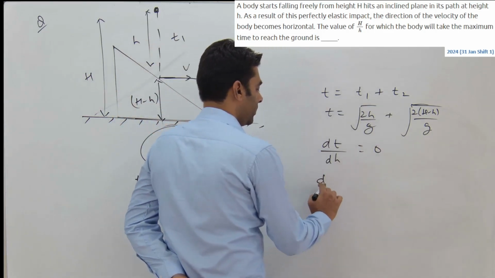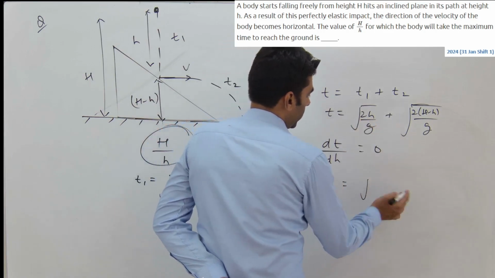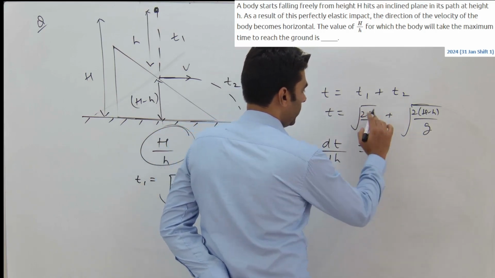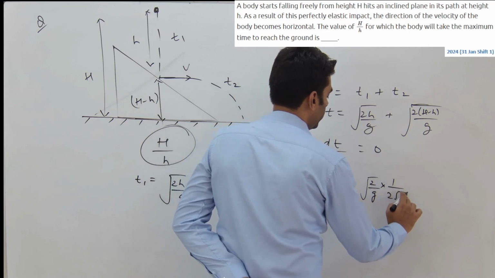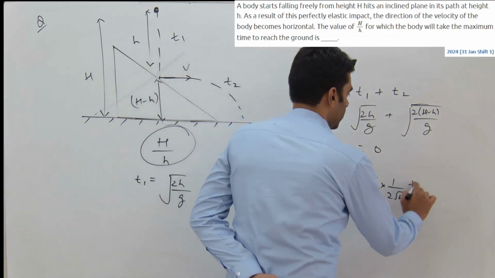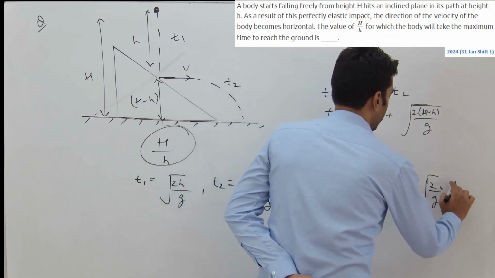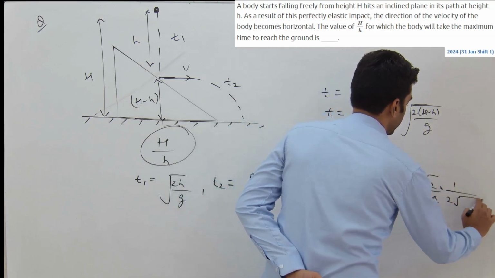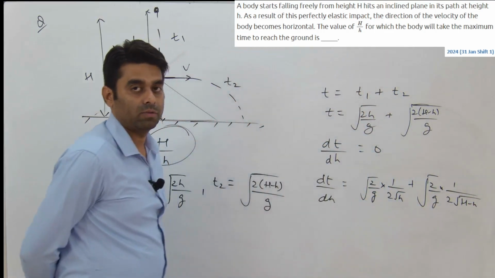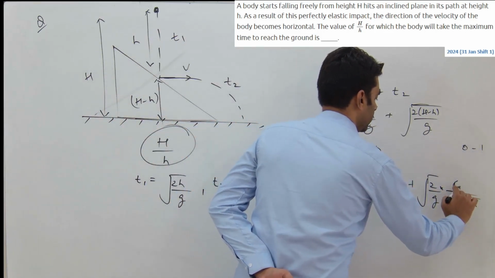Now if we differentiate, what will we get? Root over 2 by g, because these are constants, and the differentiation of root h is 1 by 2 root h, plus again root over 2 by g taken out, 1 by 2 times root over (H minus h), and then the differentiation of capital H minus small h is 0 minus 1, so this comes out to be minus 1.